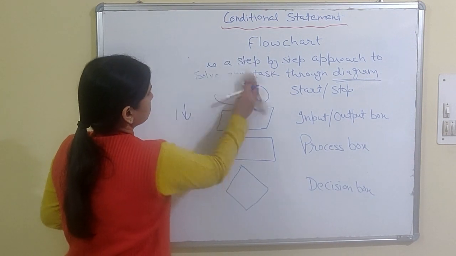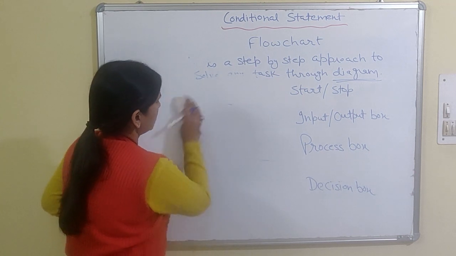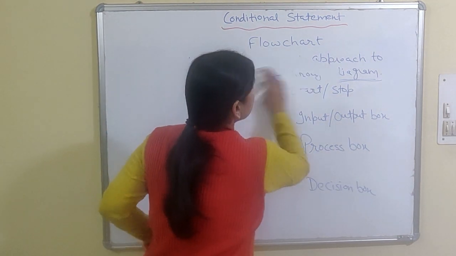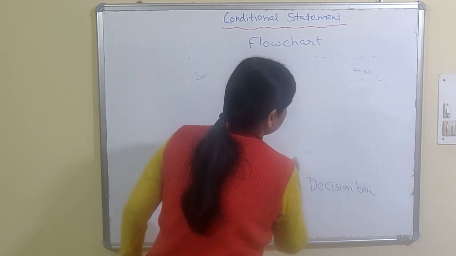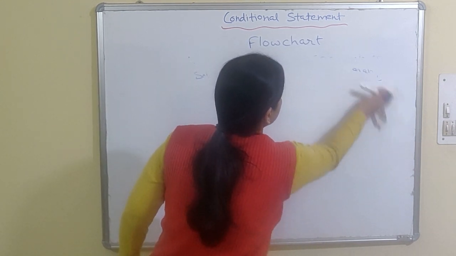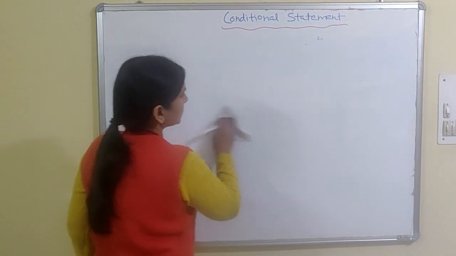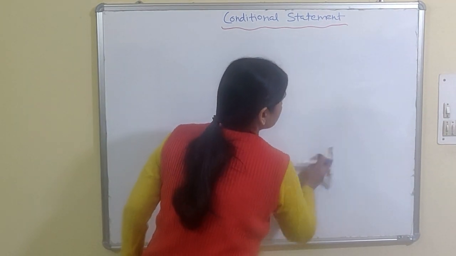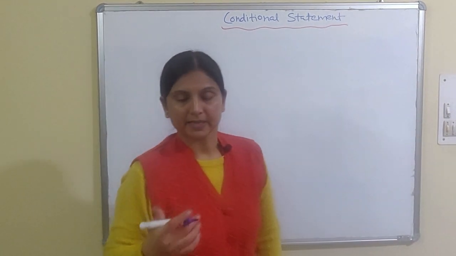So I think program is clear to you what we have to do. So first we will draw the flowchart based on this program. So I am repeating the program. What we have to do? We have to input or enter cost price and selling price. So let's do step by step.